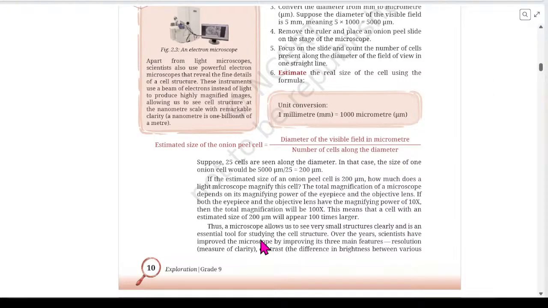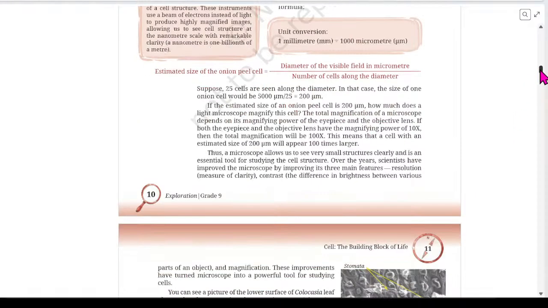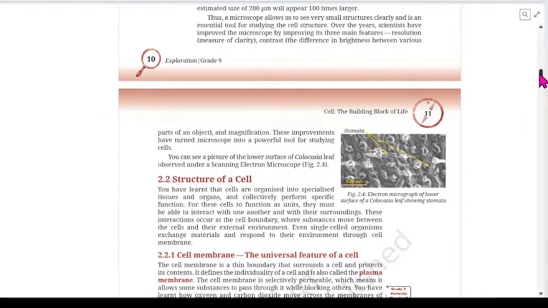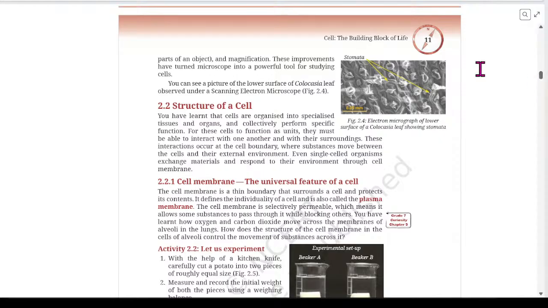Thus, a microscope allows us to see very small structures clearly and is an essential tool for studying the cell structure. Over the years, scientists have improved the microscope by improving its three main features: resolution, which is a measure of clarity; contrast, the difference in brightness between various parts of an object; and magnification.